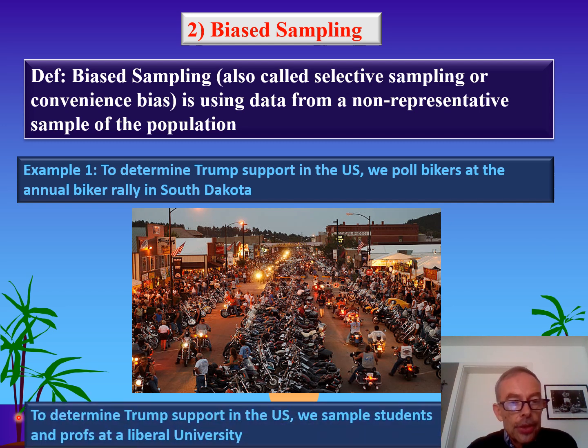And vice versa, to determine Trump support in the US, we sampled students and professors at a liberal university. There you will get the opposite effect, very little support. But both samples, we can argue, are not representative of the US population, and so the results would be false.